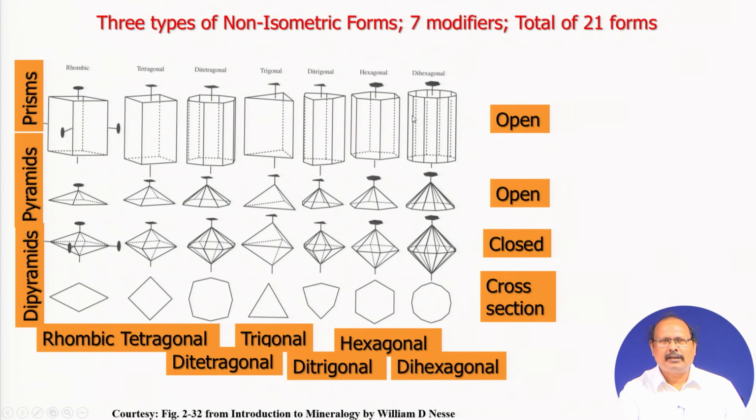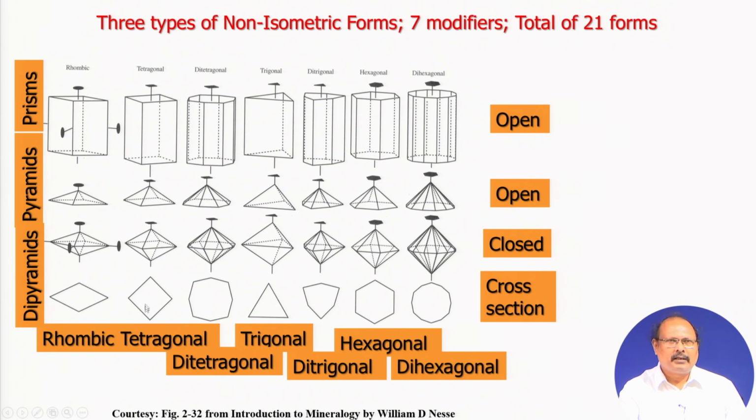So, let us try to understand why in one case it is a simple tetragonal and in another case a ditetragonal prism. We see this in terms of the cross section of these faces here. So, here you have these 1, 2, 3, 4 edges.